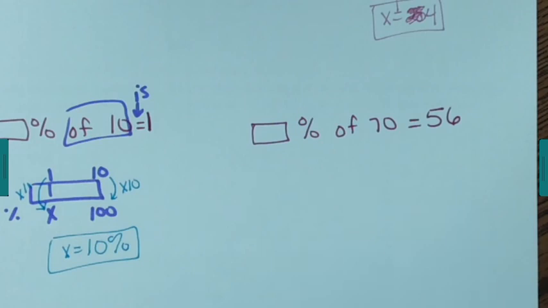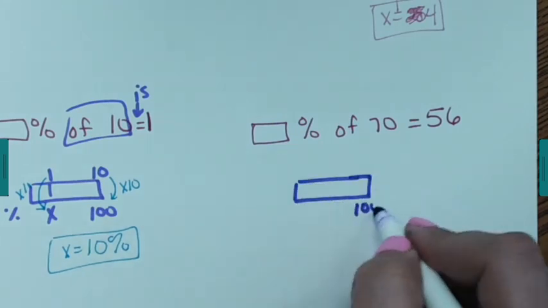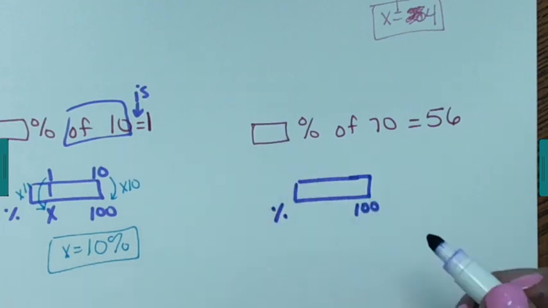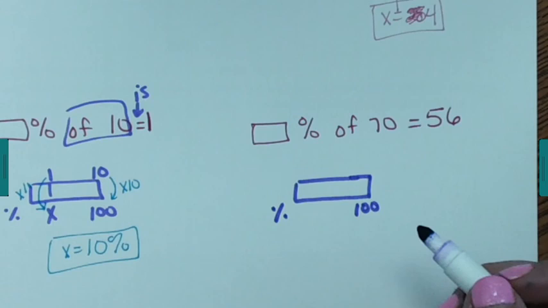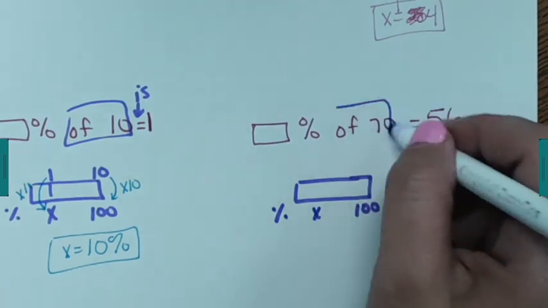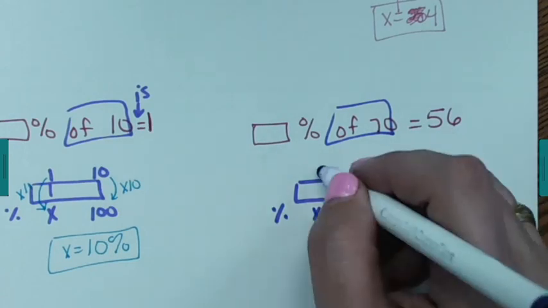Okay, so I want to draw my percent bar. 100 is there every time. I don't know the percent, so the x is going where? Yeah, x is going down. Of 70, so where does 70 go? Above. Good. And then 56.